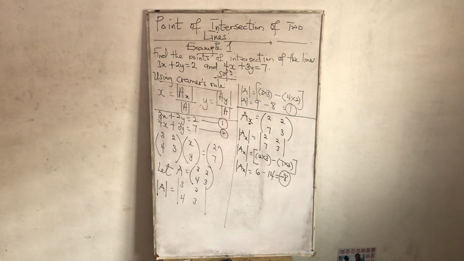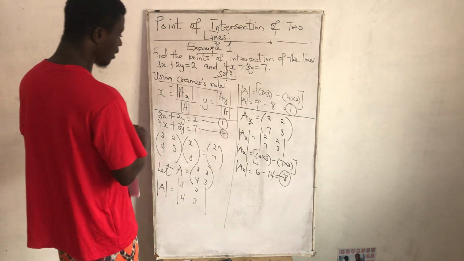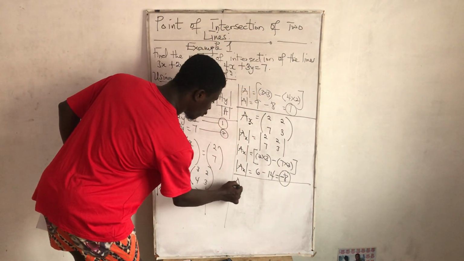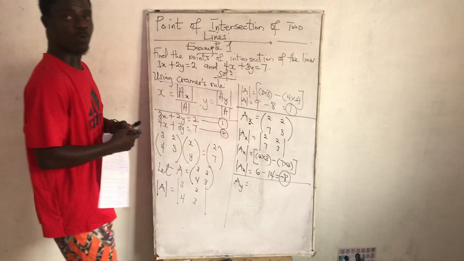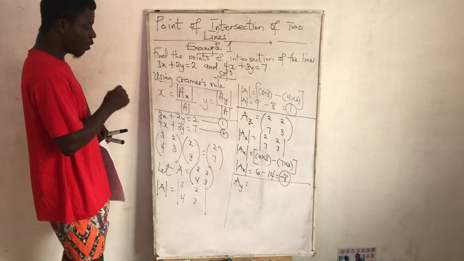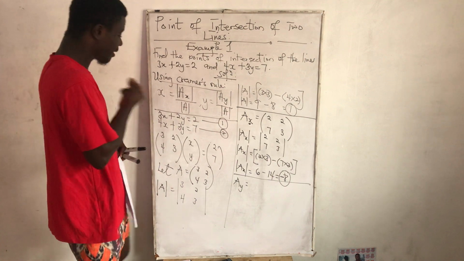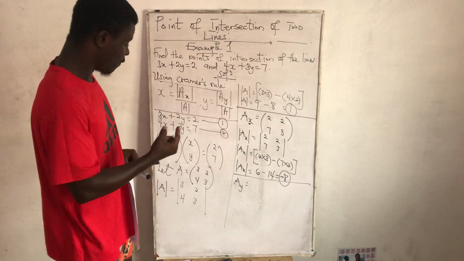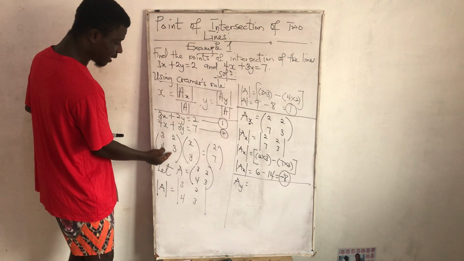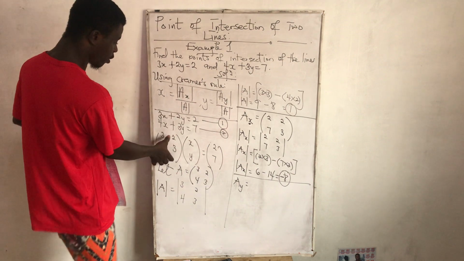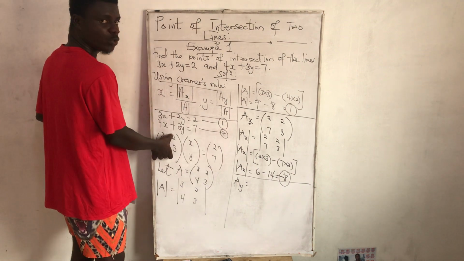Alright, so let's proceed and find our determinant of AY. What will be our determinant of AY here? We have to first locate our matrix AY. The same thing we did for matrix AX, but this time we are concentrating on the Y values. So we eliminate this 2, 3, or we take away this 2, 3, then we substitute 2, 7.